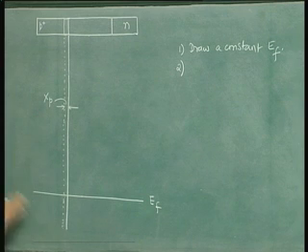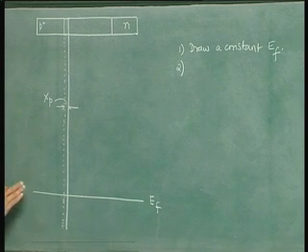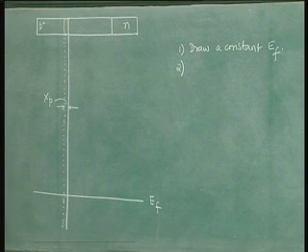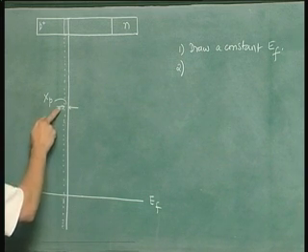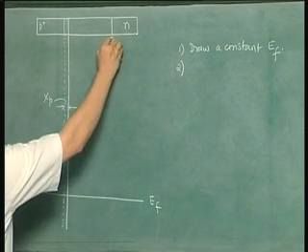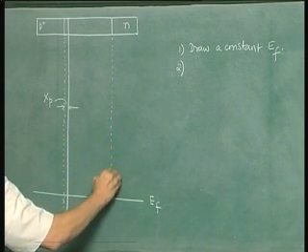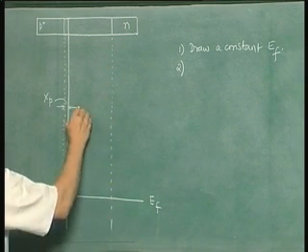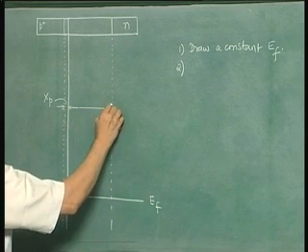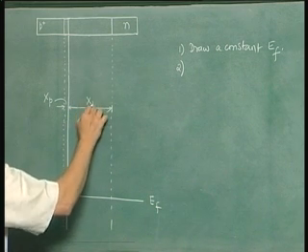So before drawing the energy band diagram, the calculations of depletion width, built-in potential and so on should be completed. So xp on this side and xn on the other side.